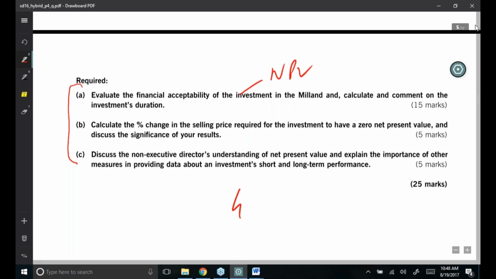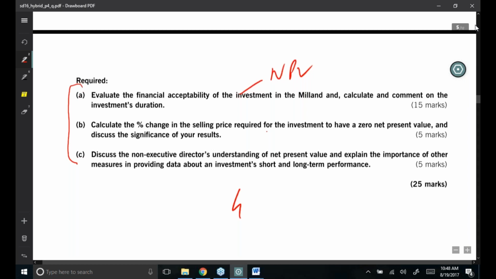We calculate the percentage change in the selling price required for the investment to have a zero NPV and discuss the significance of your result. It's a very simple question. You need to calculate the sensitivity analysis.